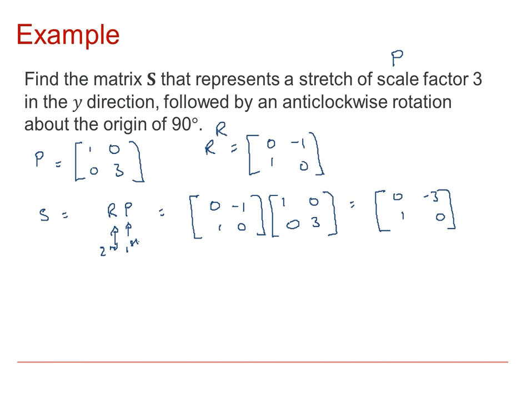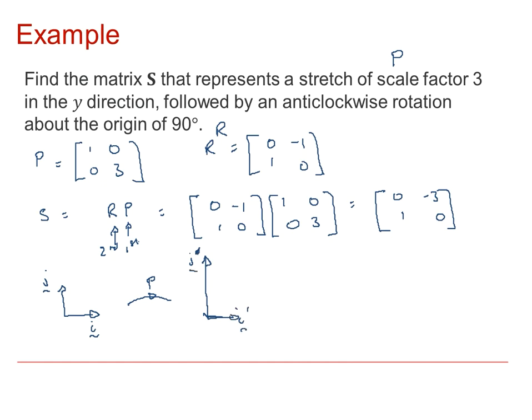An alternative to that would be to consider our unit vectors i and j. So, what happens if we do the stretch scale factor 3 in the y direction? This is P, the stretch in the y direction, which produces this, where this is 3 and this is 1. So this is j dashed, and this is i dashed.